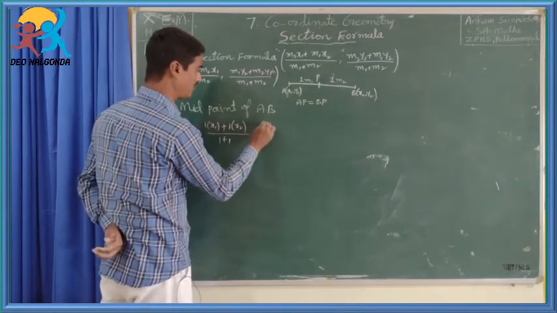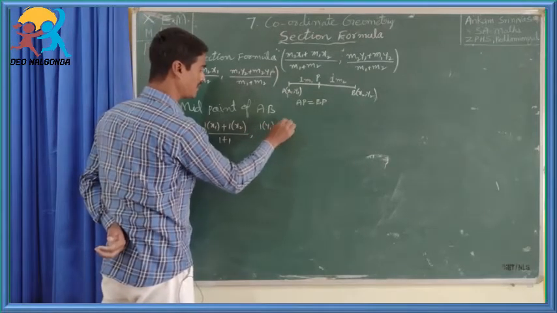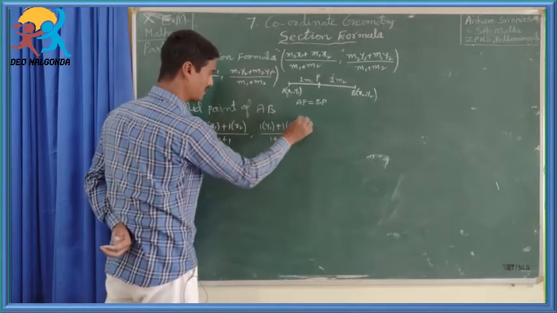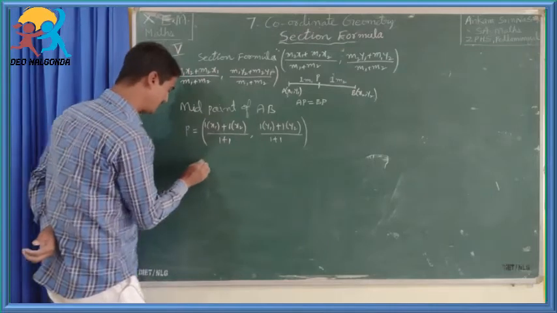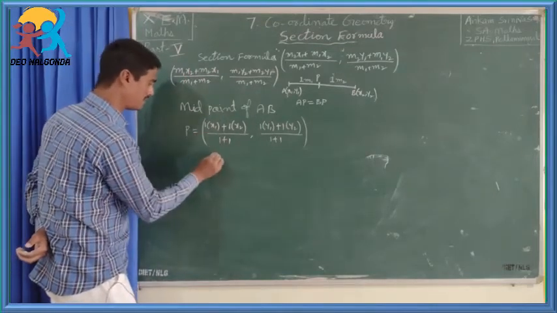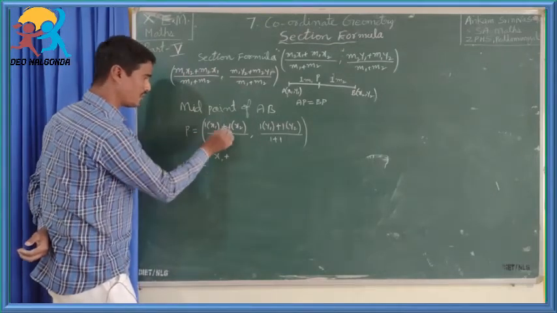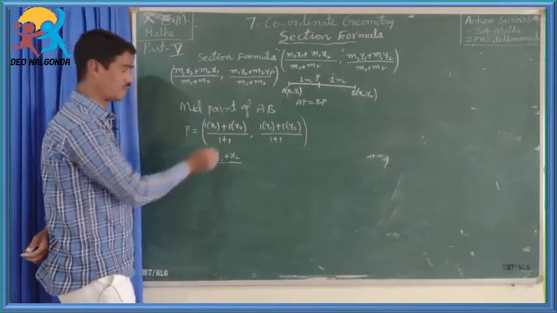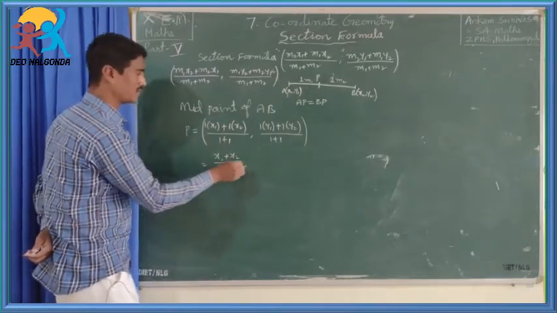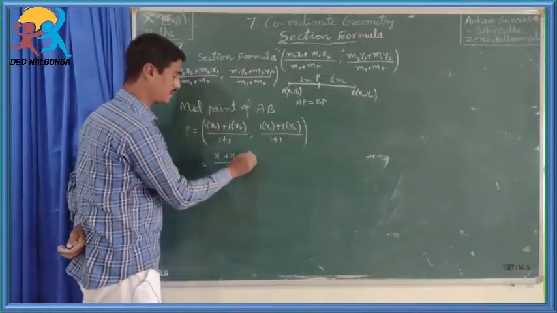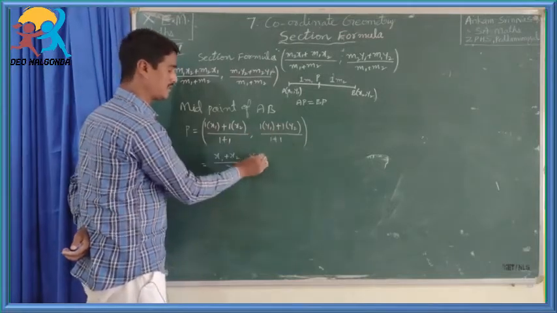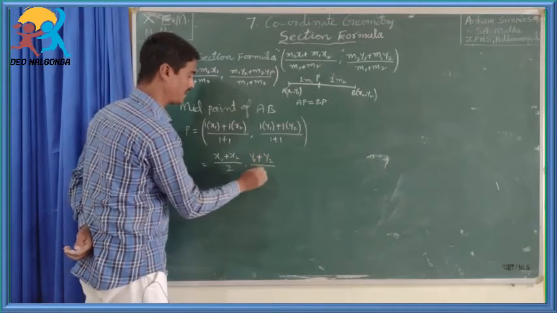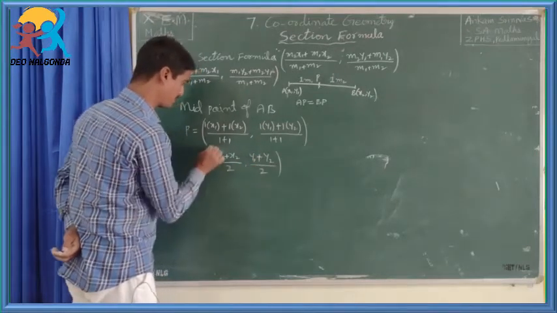So here 1 of y1 plus 1 of y2 by 1 plus 1. Here 1 of x1, x1, 1 of x2 becomes x2 by 1 plus 1, 2, and 1 of y1, y1 plus 1 of y2, y2 by 1 plus 1, 2.